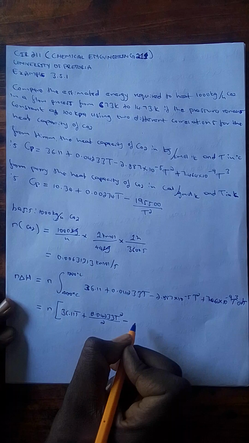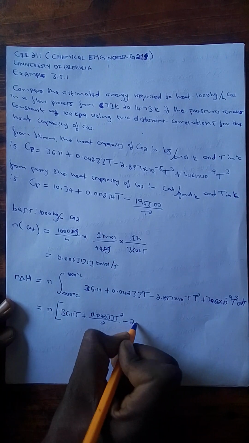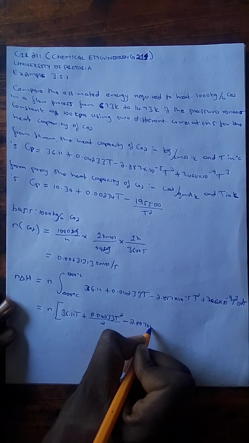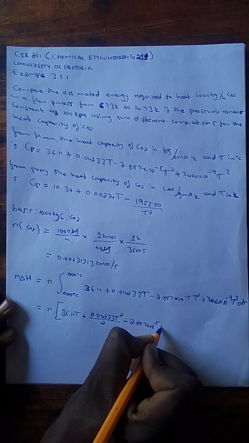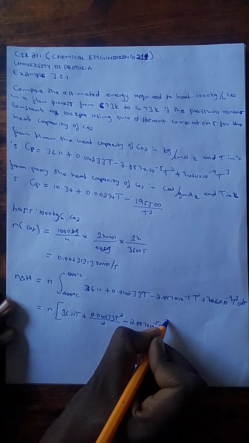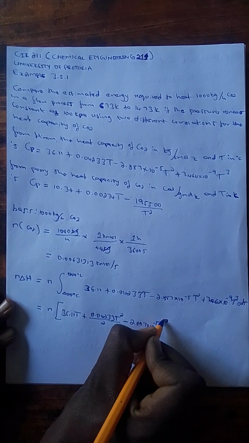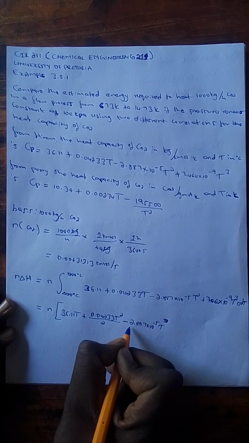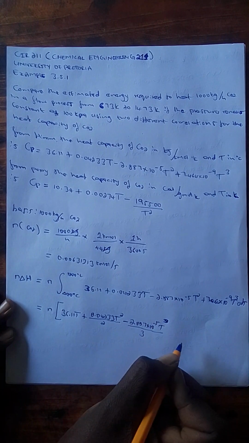So minus 2.887 times 10 to the power minus 5 t cubed all over 3, right?